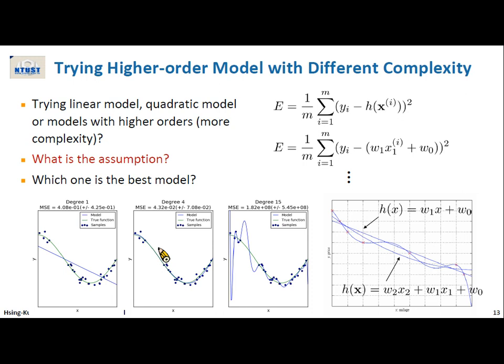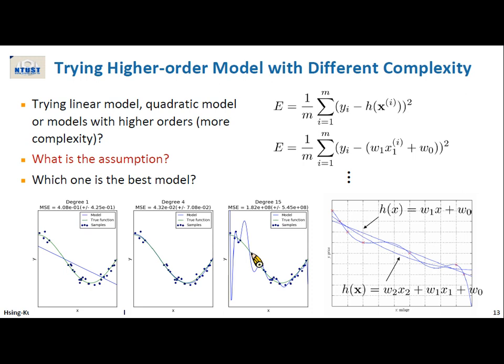In this case we talk about overfitting, meaning that the data we assume is like degree 4, but the model is degree 15, which is unnecessarily complicated. So we say overfitting.